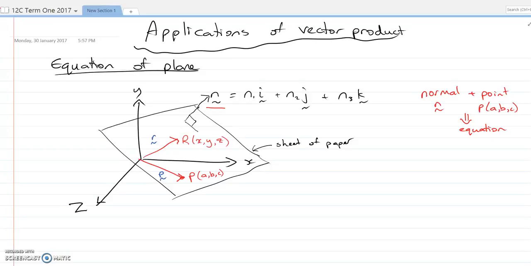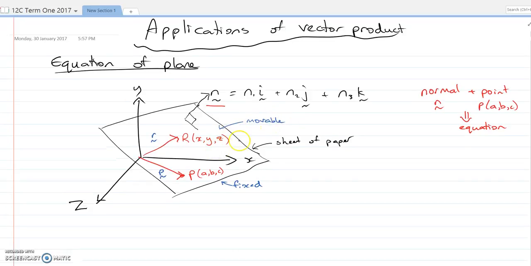So in this diagram, we've got our fixed point, and this is what I'll call a movable point. This x, y, and z are going to be in our equation somewhere. Let me show you what an equation will look like. One way to have a line equation is this.